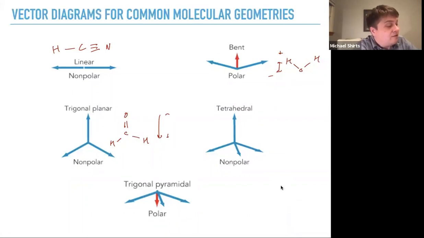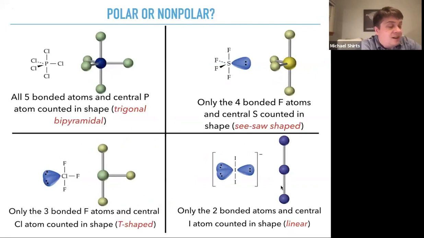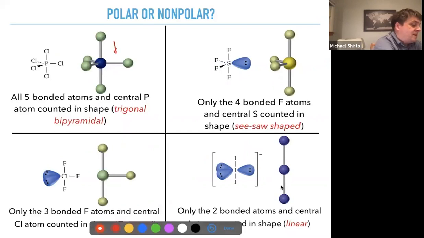We can quickly review the geometries that include 5 or 6. So for example, trigonal bipyramidal: the up and down vectors clearly cancel out, and these 3 vectors cancel out axially. So anything like PCl5, even though there's significant electron withdrawing from the chlorine, it cancels out, so it's a nonpolar molecule.